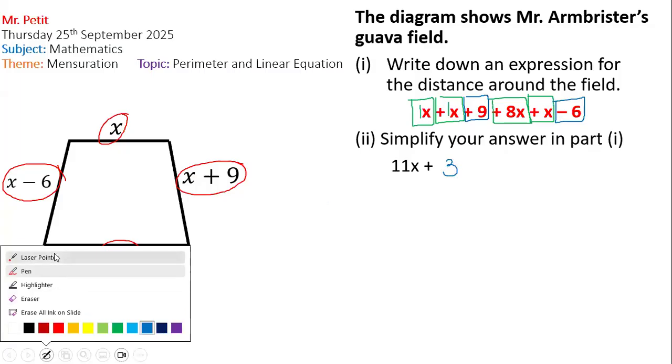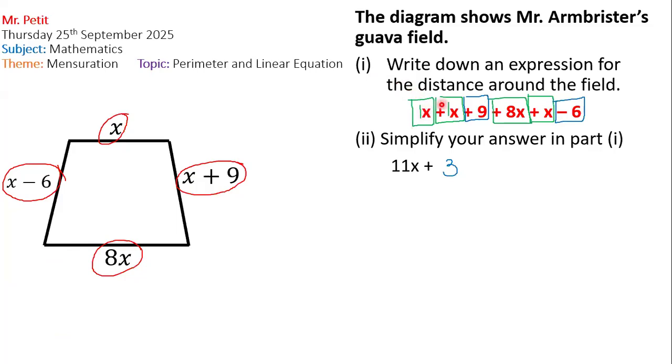So what did we do? We dealt with the x's. We said 1x plus 1x gives me 2x, and 2x plus 8x gives me 10x. Then 10x plus 1x is going to give me 11x. So we put 11x right there. Then we just deal with the numbers. 9 minus 6 is going to give me 3.